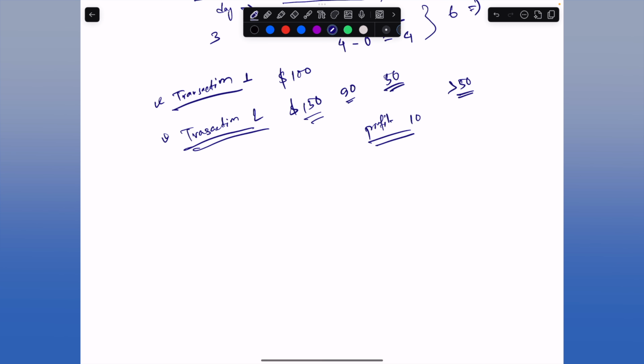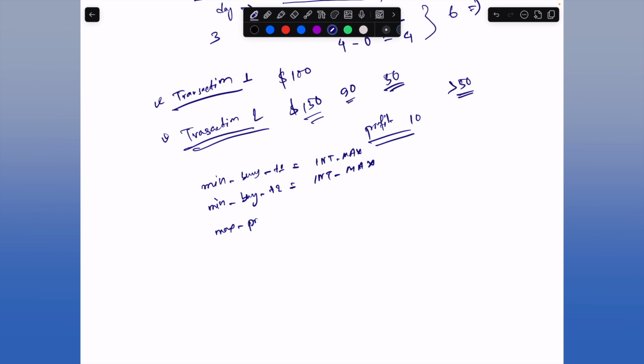Let's say we'll be storing the buy price of transaction 1, and I'll be keeping it at int max, because anytime it can go lower. So minimum buy price, I can have int max. Minimum buy for transaction 2, I can also have int max.